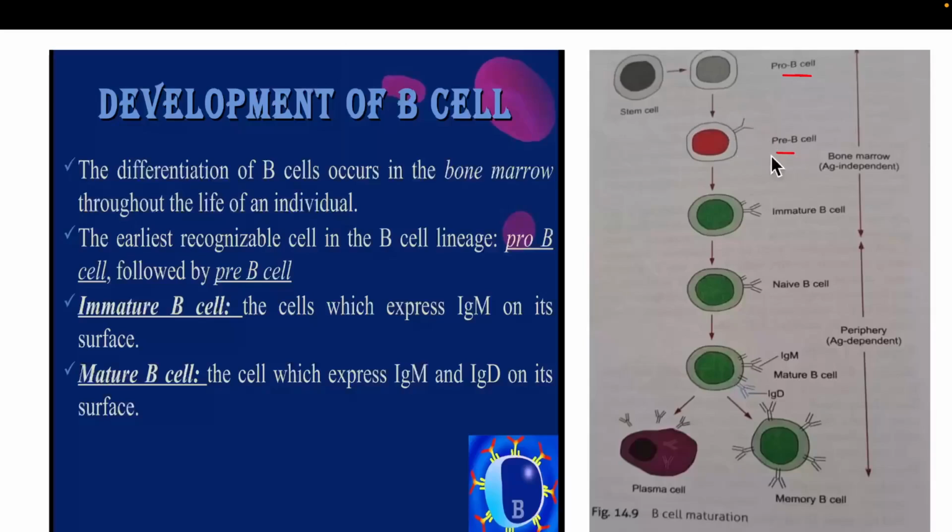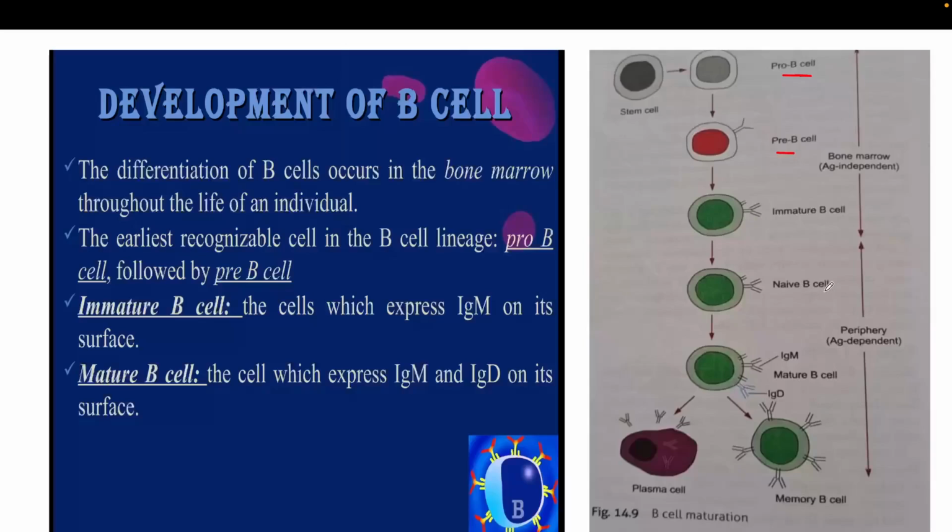That is called the pre B cell, and after the pre B cell, it will give you the immature B cell. In the immature B cell, the IgM expression will be completed, and meanwhile the IgD expression will start. Then this is the final mature B cell, or we can say naive B cell, because the B cell has still not encountered the antigen.